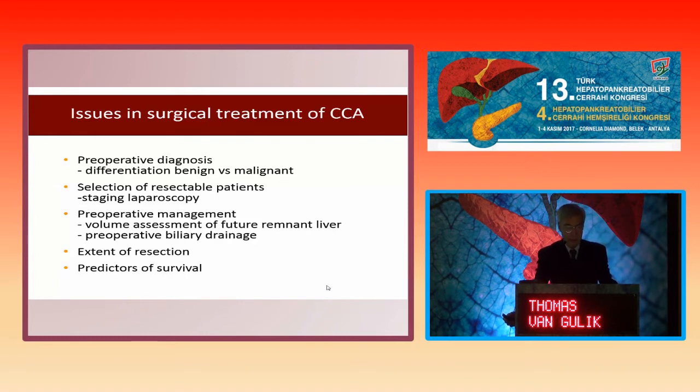diagnostic modalities. And then after you've done your diagnostic phase, you're in the phase in which you want to prepare the patients for these large resections in order to improve your outcomes. So then we're talking about the optimization of your future remnant liver, which includes preoperative biliary drainage or not.